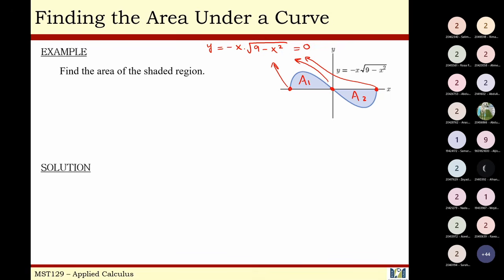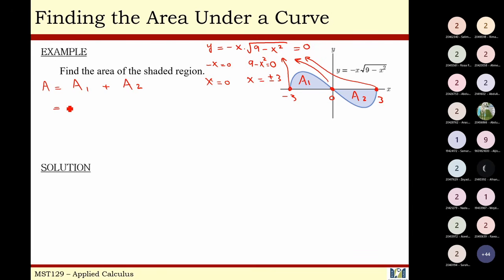Okay, to solve this one, we have minus x equal 0 or 9 minus x squared equal 0. So we have x equal 0 or x equal plus or minus 3. So we have negative 3, 0, and 3. Now, the area equals area 1 plus area 2.